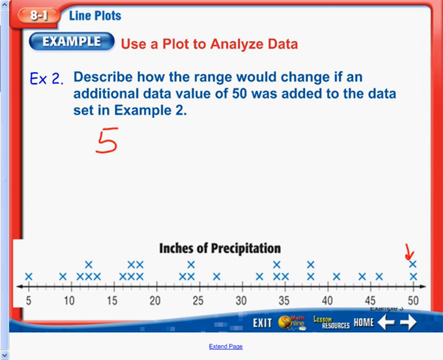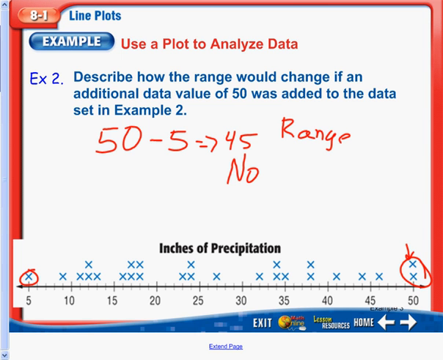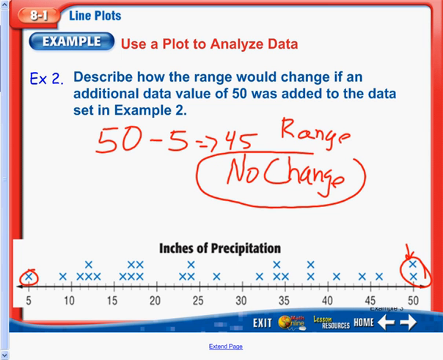Our range is still going to be 50 minus 5, because this is still our maximum, even though there's 2 of them, and 5 is still our minimum, so we're still going to get 45, meaning range does not change. So I'll just put either range doesn't change or simply no change. That'd be all you need, no change. Now if it increased a couple or decreased a couple, you would want to mention that.